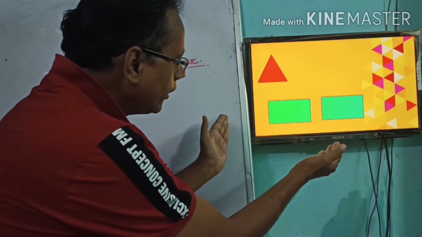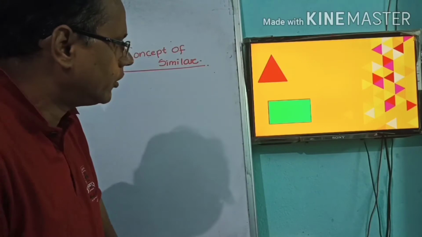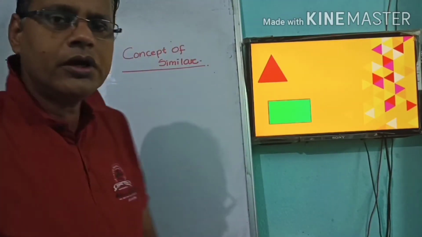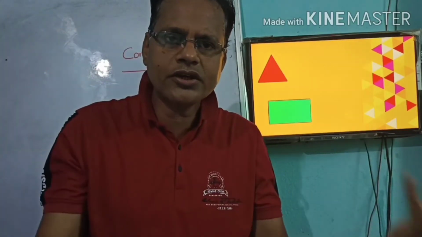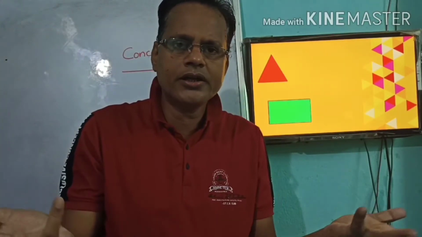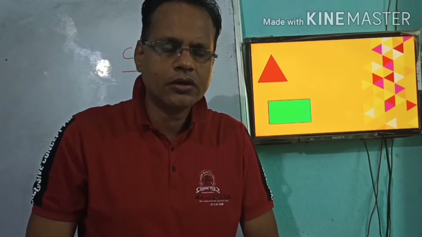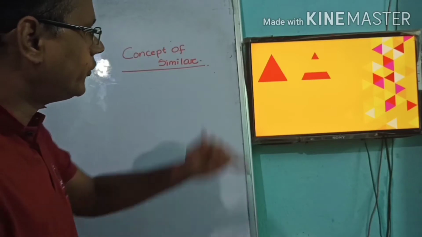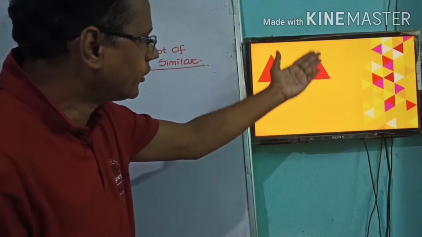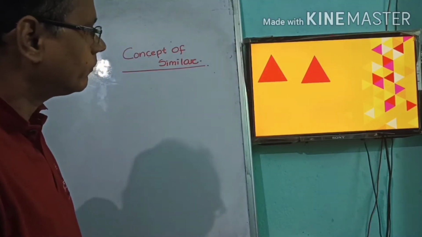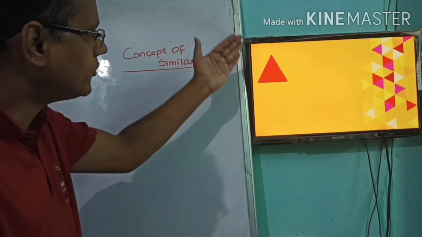When one rectangle is overlapped with the other, it is completely matched from each side. The angles are completely matched, the sides are completely matched, therefore these two rectangles are said to be congruent. Now you see another situation. Here is one triangle, here is another triangle. If we superimpose one on the other, you see it is matched.